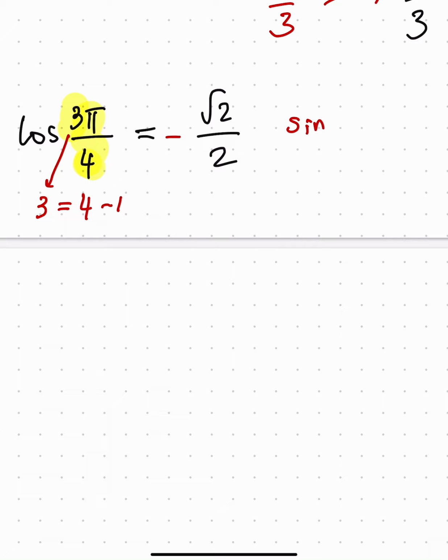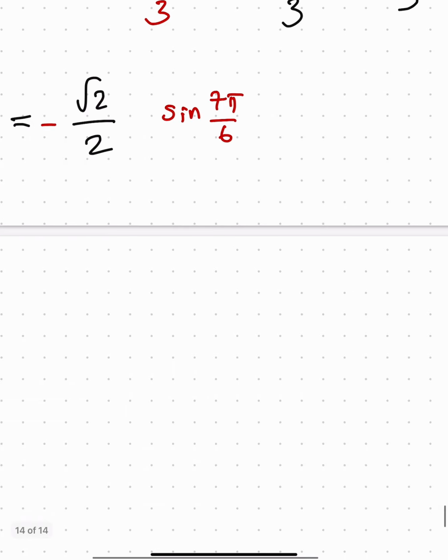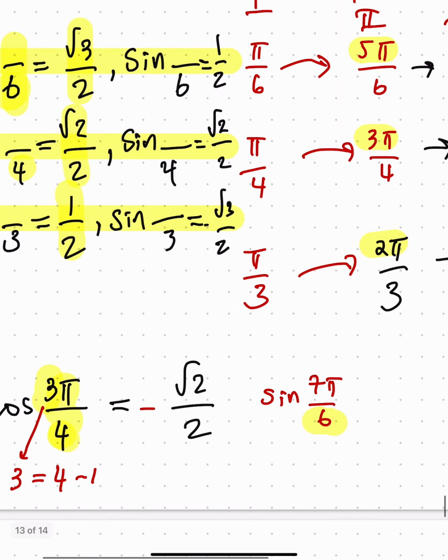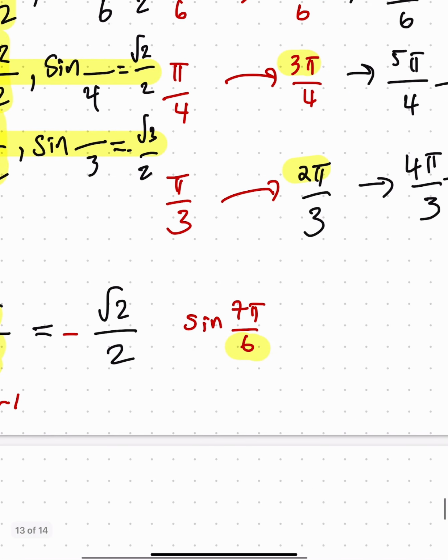How about sine of 7 pi over 6? At first, you focus on the denominator, over 6. I told you sine of anything over 6 is 1 over 2. So first step, it's 1 over 2. Then you focus on the number in front of pi, 7. 7 is 1 more than 6. I told you that for the second quadrant, it is 1 less than the denominator; for the third quadrant, 1 more than the denominator; and for the fourth quadrant, it is denominator times 2 minus 1.